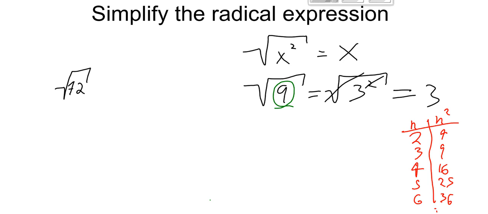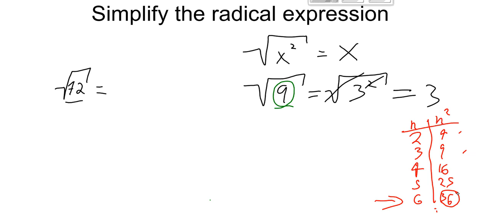When I'm trying to simplify 72, I have to think about how it can be written using one of these factors. The largest one I can use is 36. Yes, it's divisible by 9 and by 4, but I want to pick the largest one.